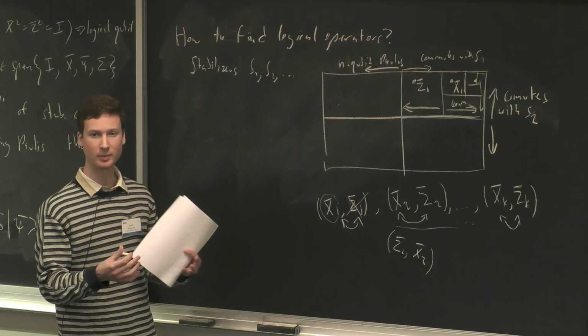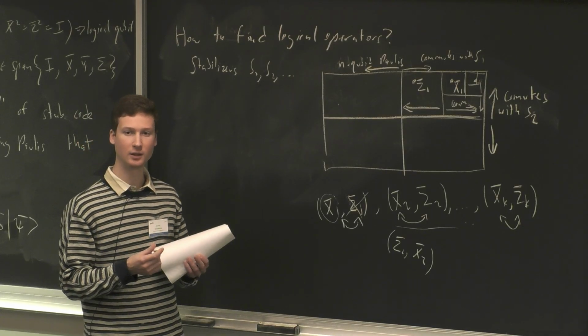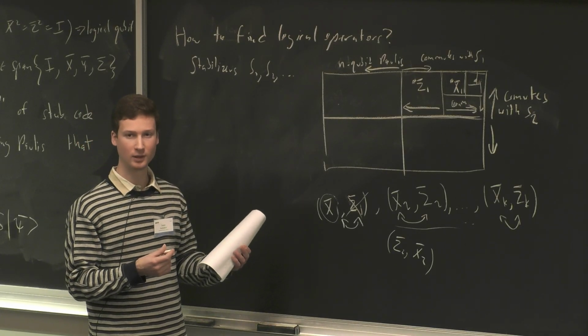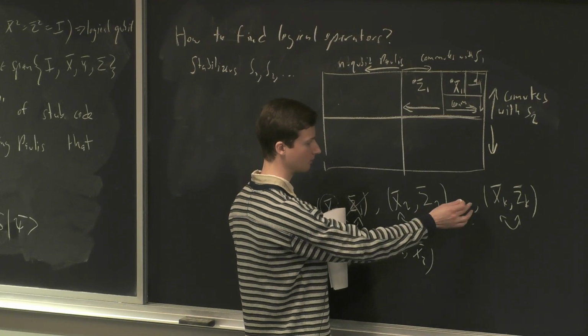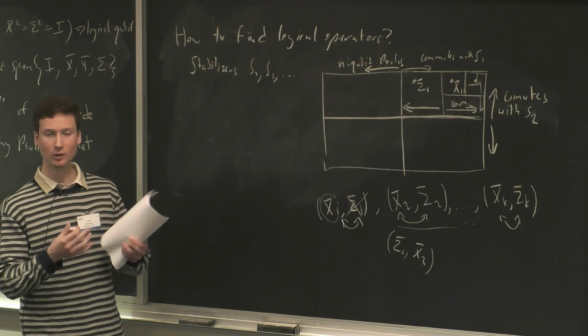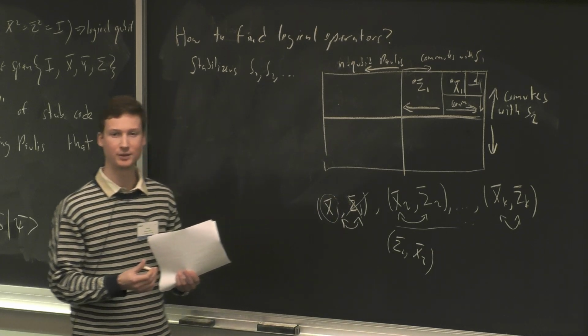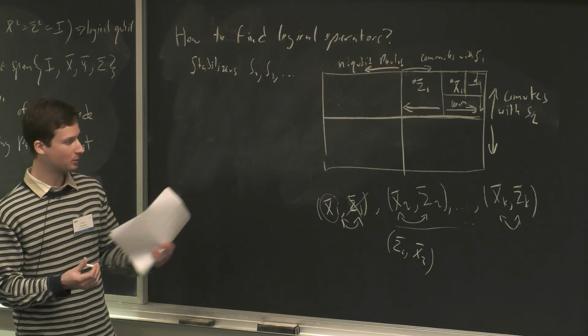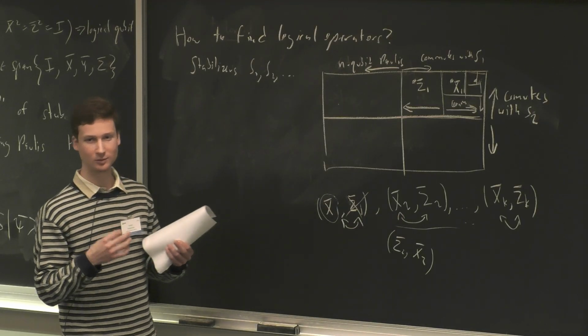We've just changed the basis for our logical operators. It's almost like we've applied a logical Hadamard gate to the second logical qubit. We could even multiply together different logical operators to make more logical operators and find a totally different basis. In some sense, this is writing down one basis for our k logical qubits, but there are many valid choices for that.